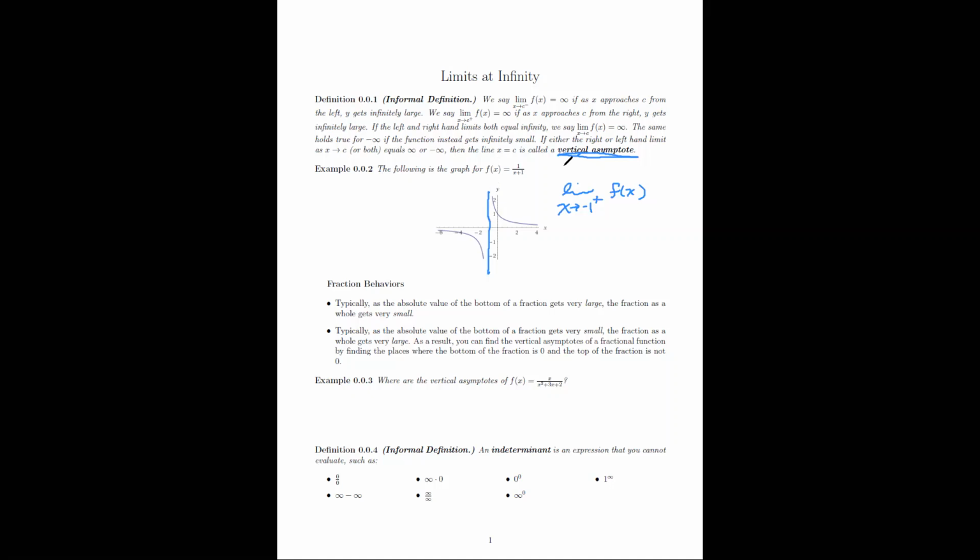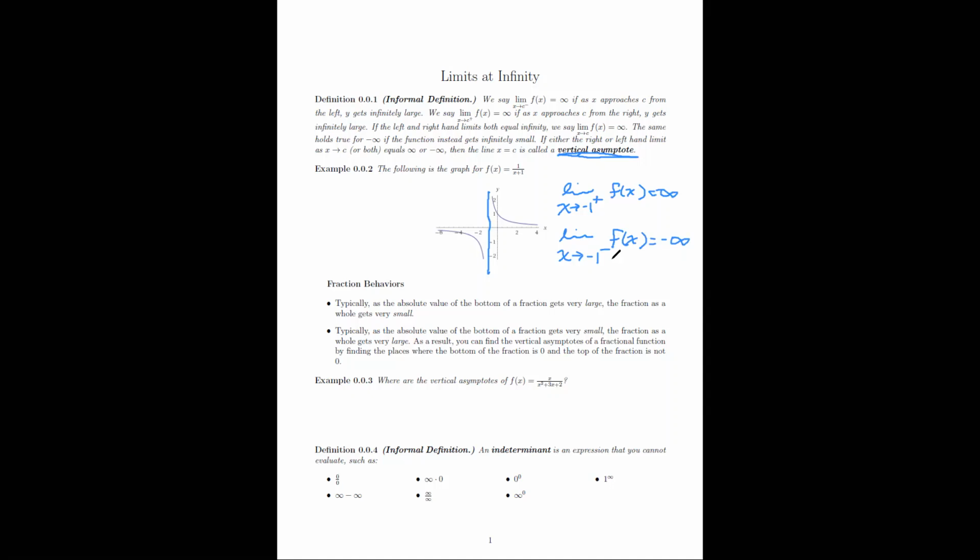So this right-hand limit is infinity. And as we approach from the left-hand side, we're getting smaller and smaller. So the left-hand limit is minus infinity. In this case, the left and right-hand limits don't match. So we can't say the limit itself is infinity, but we can say there's a vertical asymptote at that point.